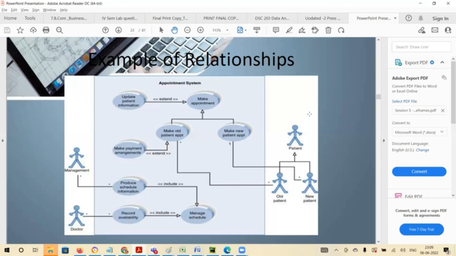This is also include. So the doctor will call record availability, and it is calling managed schedule. 99% of the time, the include use cases will be called by more than one. That's why they are put separately. So generally, when it's like this. Again, bad example.